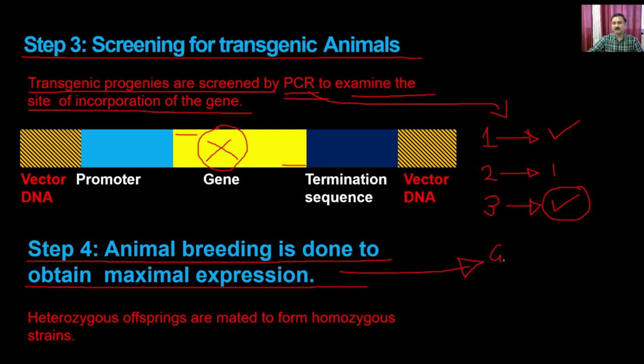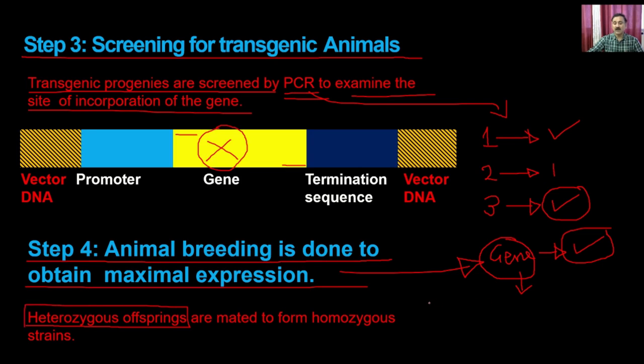Because if your gene is problematic, for example, if your gene is lethal, or suppose the removal of this particular gene from both chromosomes is problematic, then in those cases what people do is they generate heterozygous offspring, which means only one chromosome has the mutation or the introduction of the gene, whereas the paired chromosome does not have the gene. Those kinds of animals are called heterozygous offspring.